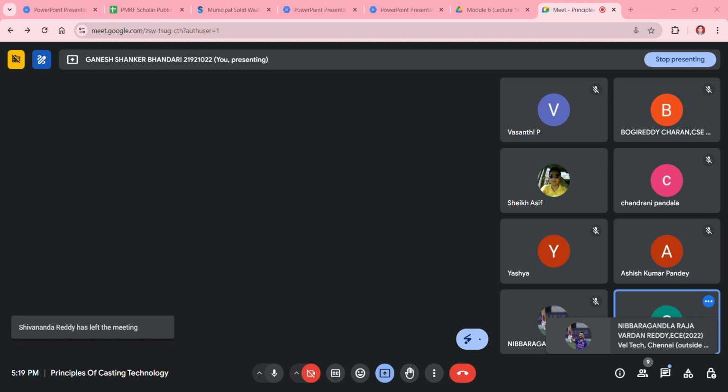Then coming to the next question, estimate the number of trips required per week. This is simple, I think. We were talking about a waste of 230 meter cube. In one week, we were generating 230 meter cube of waste, and in one trip we are collecting 11 containers. How can we calculate the number of containers?